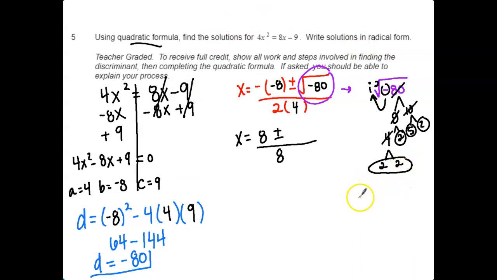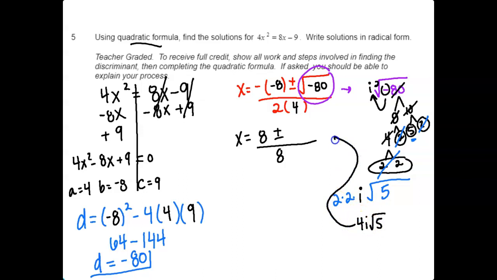So I know I'm going to have the i that is outside. I'm going to have a 2 from this set of 2's. I'm also going to have another 2 from that set of 2's. I still have the radical because there's a 5 left over. So once I simplify this, 2 times 2 is 4, so 4i radical 5.